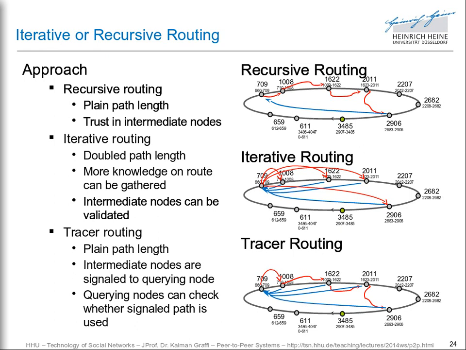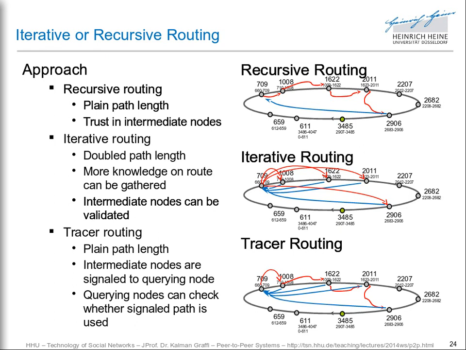Then he can route to this node. Again the node says, I want to route, so the next hop would be this node, and again I get the information and so on until I reach this target node.